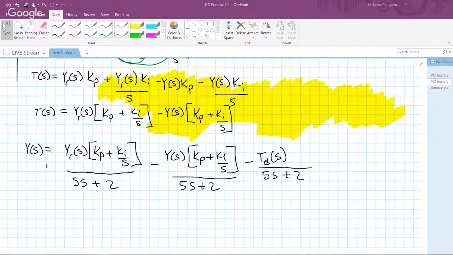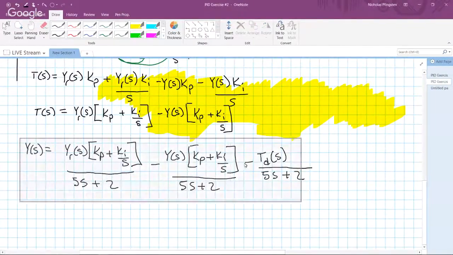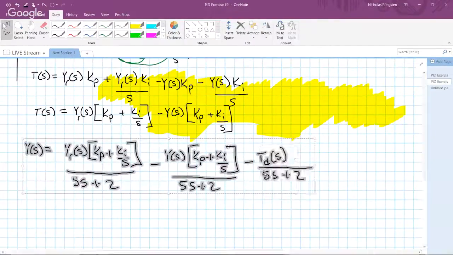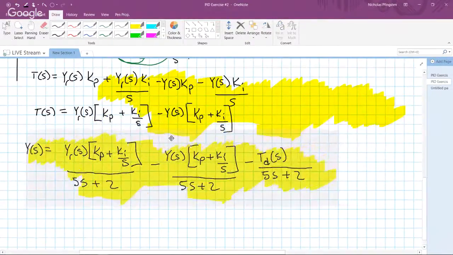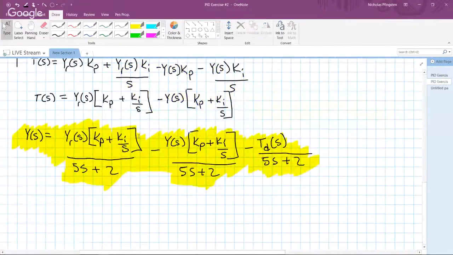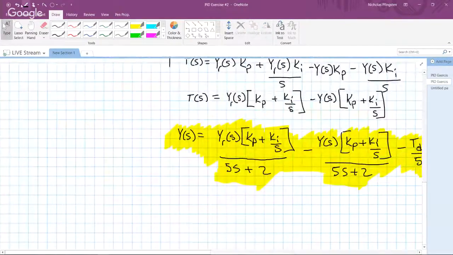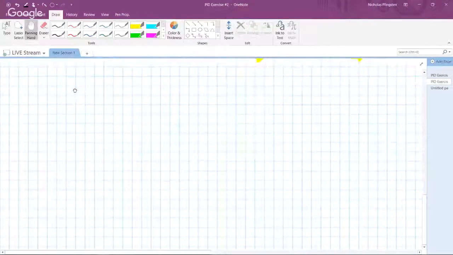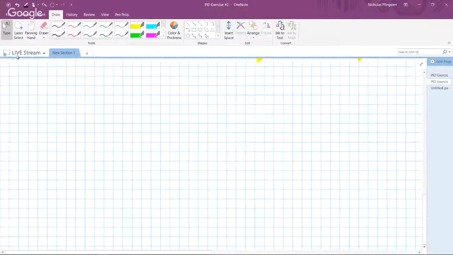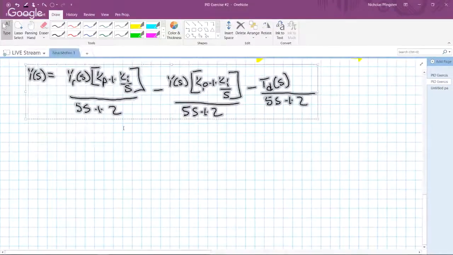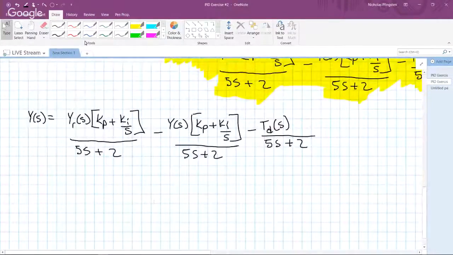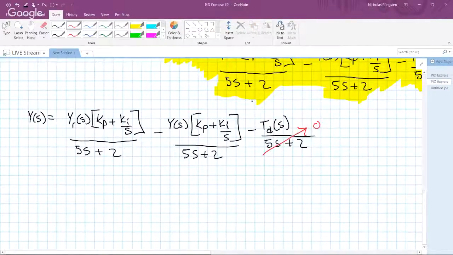So I'm going to copy this expression here, bring this guy back down. And what you see here is that because we're only considering the command, we're not considering disturbance, we're going to neglect the disturbance. It is now 0. It goes away.